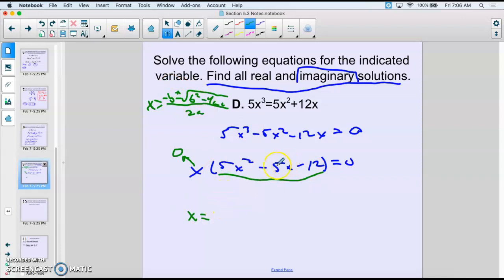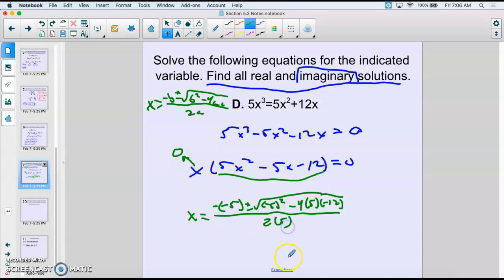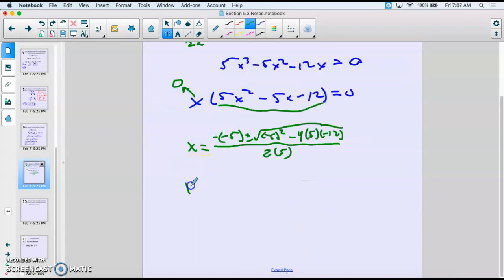Okay, so negative b, our b term is negative 5, so negative 5 plus or minus the square root of b squared, that's negative 5 squared, remember your parentheses, minus 4ac, all over 2 times 5. Okay, now we just take it piece by piece.